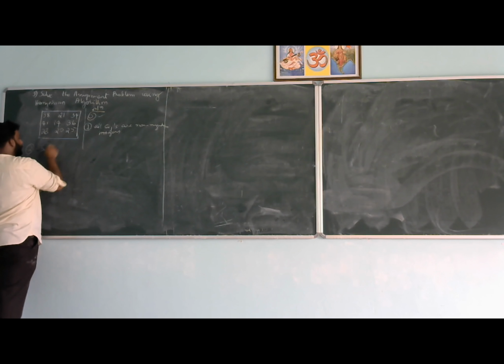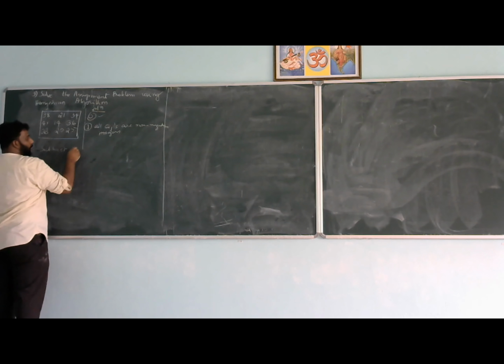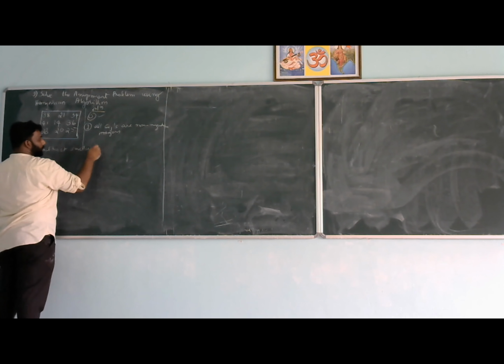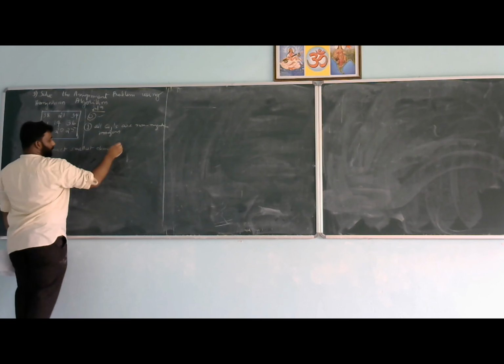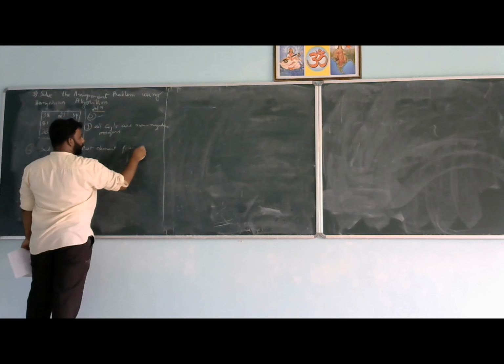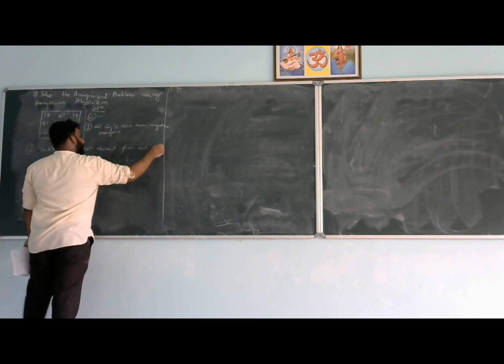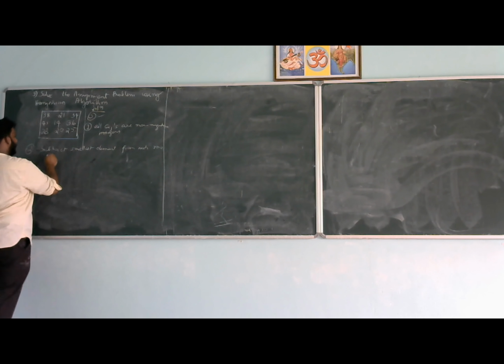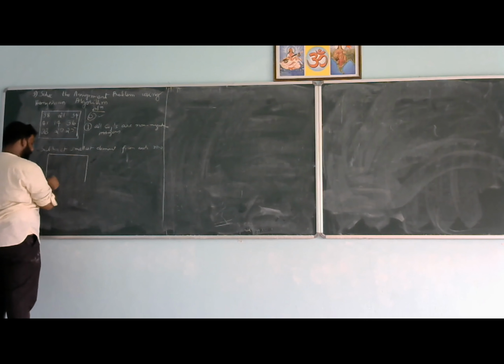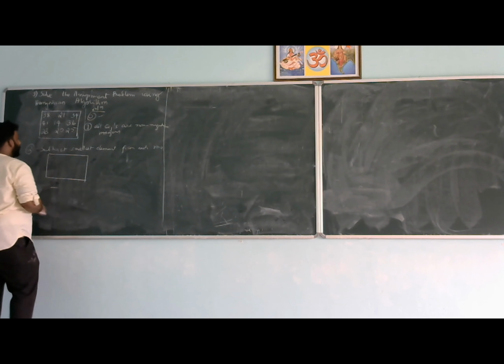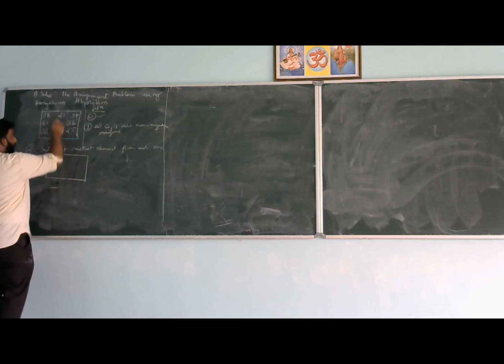Subtract the smallest element from each row. The smallest element is 21.